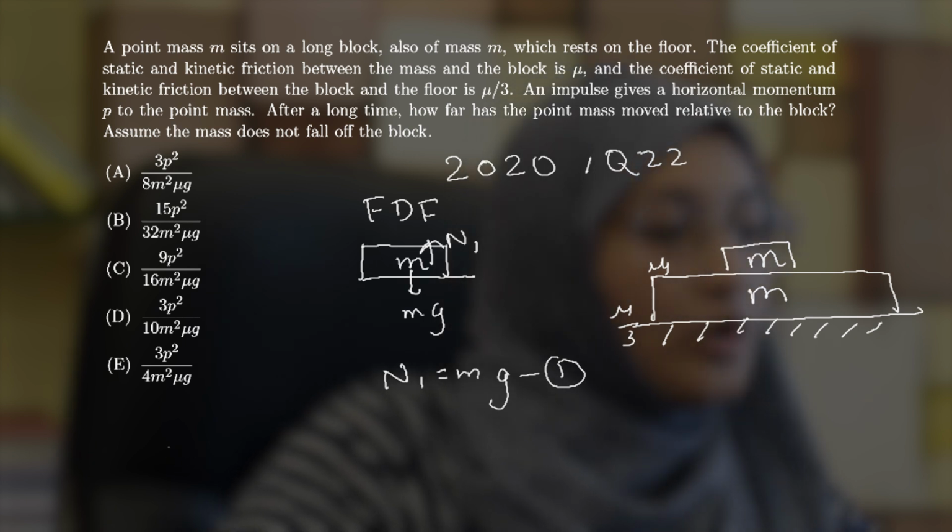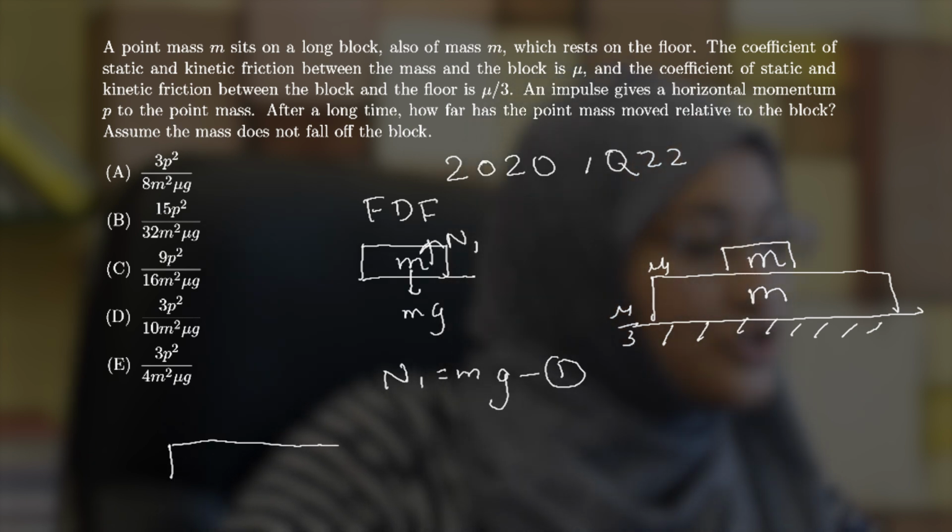Similarly, we can make a free body diagram for the larger long block. Its mass also is m. So the gravitational force will be applied in the downward direction, which is equal to mg, the weight of that block. An equal normal reaction force will be applied in the upward direction, which is equal to N2.